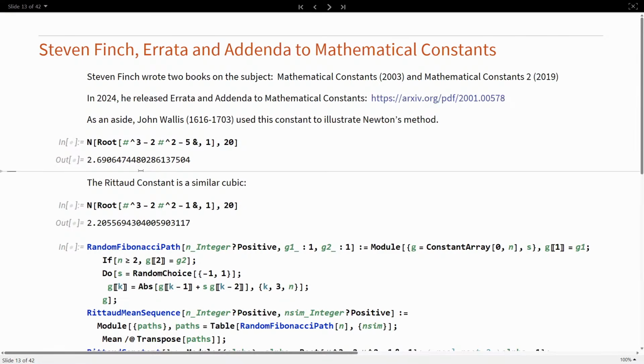I found it very interesting that the Rotund constant, which is mentioned in Finch's paper, is another cubic, which is just 4 away. So this is x to the third equals 2x squared plus 1 instead. And you get this value for that constant.